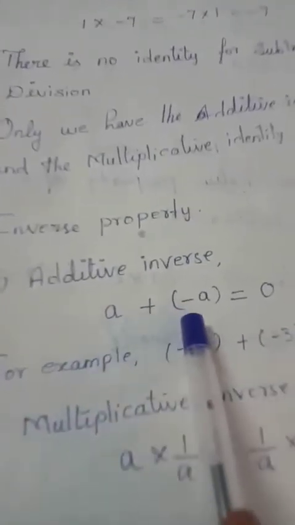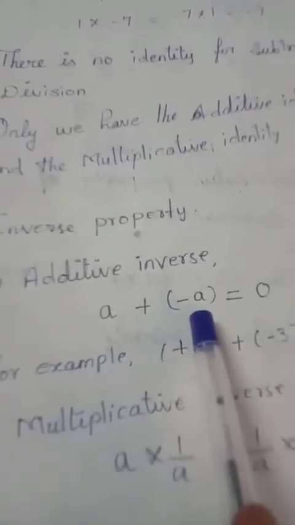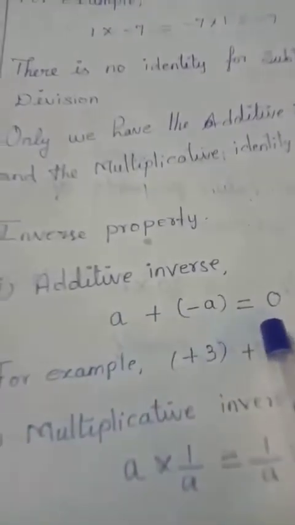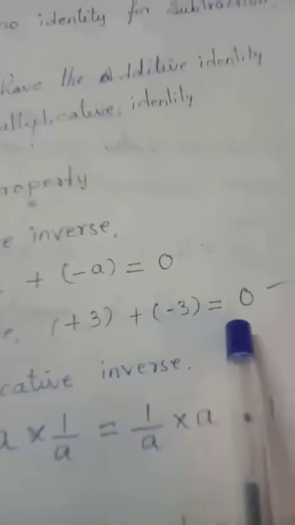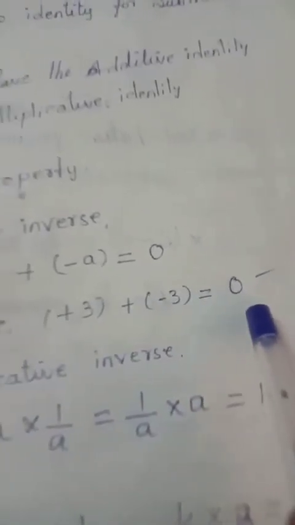For every real number, there exists another real number with the opposite sign. When you add these two, we get the additive identity, that is 0. We are taking plus 3 and minus 3. When you add these integers, the result is the additive identity, that is 0.